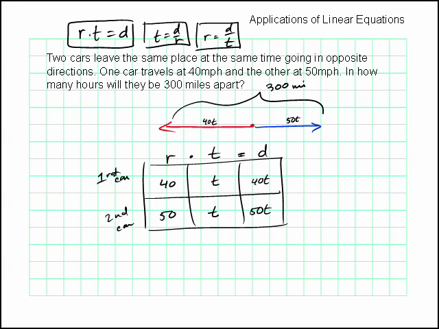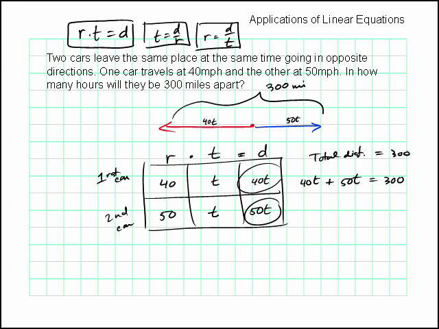Now for our equation, I'll put it on the side here. The total distance is supposed to equal 300. Well, the total distance is the 40t, the distance that the first car traveled, plus 50t, the distance that the second car has traveled. That should add up to 300.